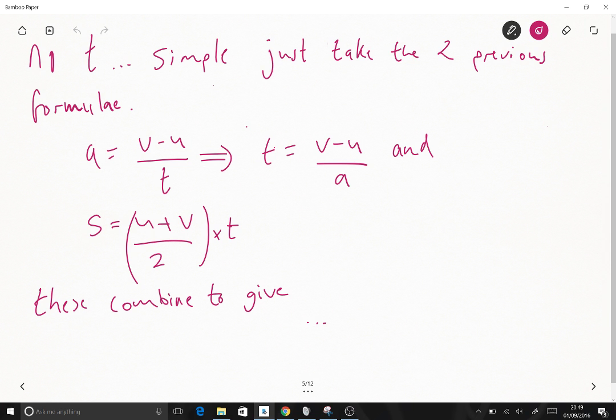So now to get rid of t, you just take the 2 previous formulae. You take a is v minus u over t, acceleration is change in velocity over time, and you rearrange it. And you take displacement is average velocity multiplied by time, and you combine those.